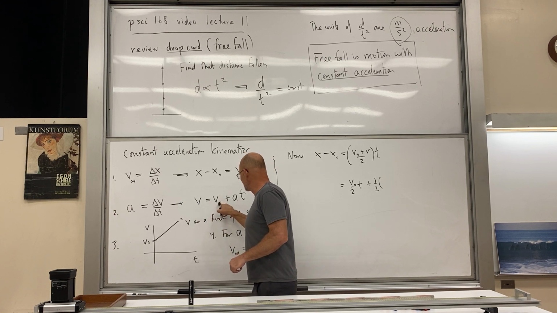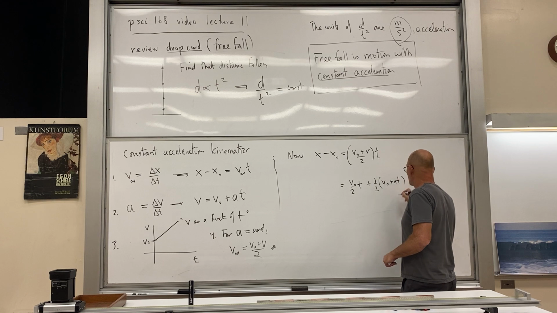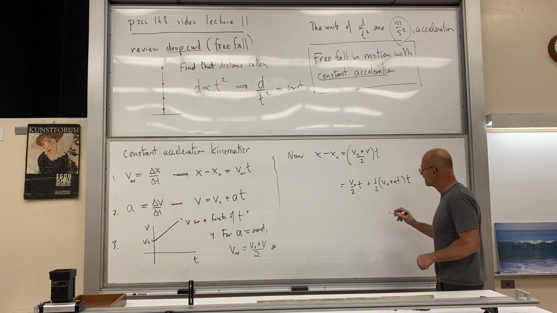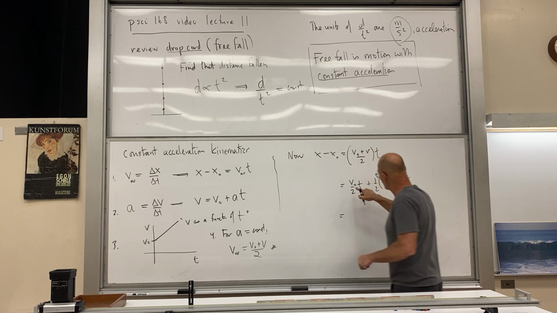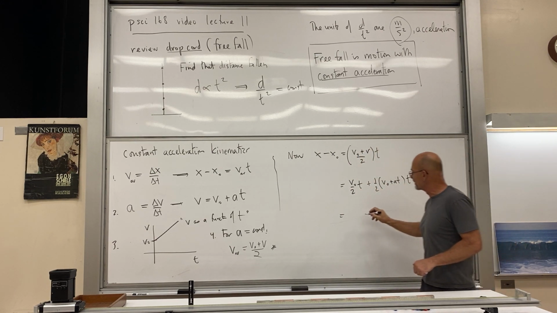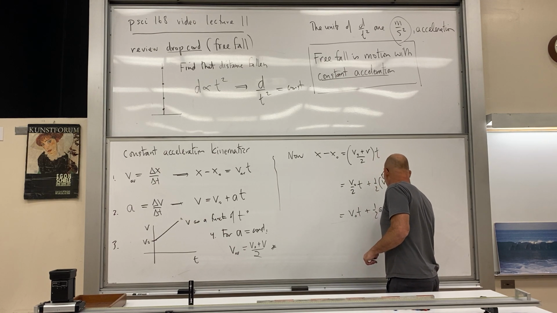And V is V0 plus a t, so this equals V0 divided by 2 times t plus V0 plus a t divided by 2 times t, which equals V0 t plus 1/2 a t squared.